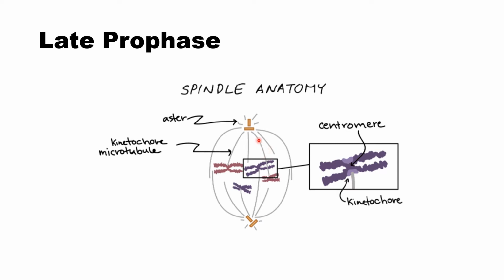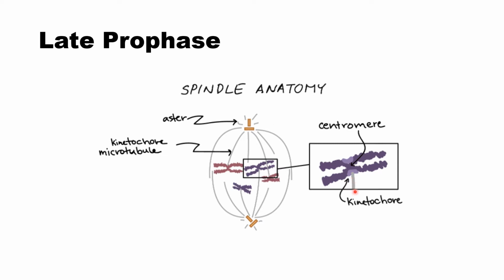So, itong microtubules, you focus on the gray na parang line. Ganito yung mangyayari. Yung gray na line, magbabind doon sa centromere, specifically on its kinetochore. So, yun yung gagawin sa late prophase. Yung mga microtubules magbabind doon sa centromere, specifically on the kinetochore.